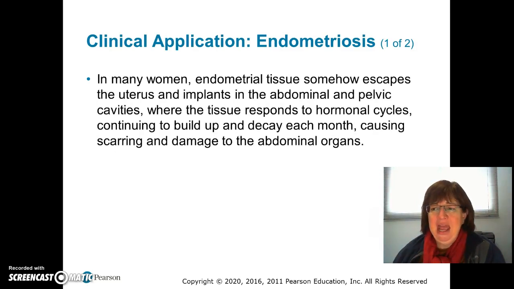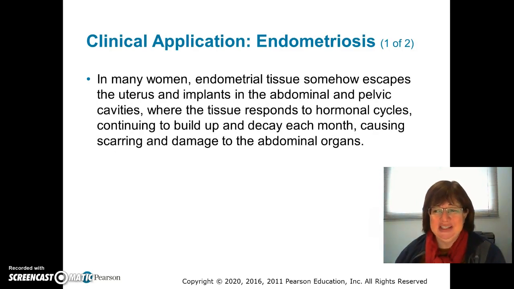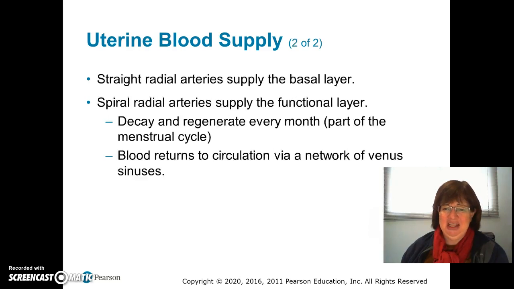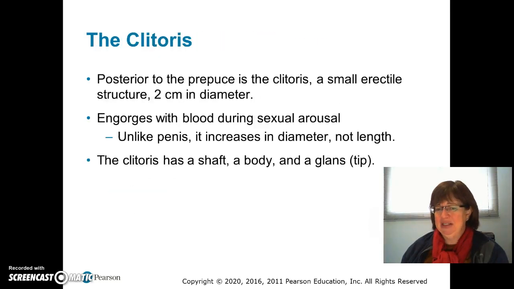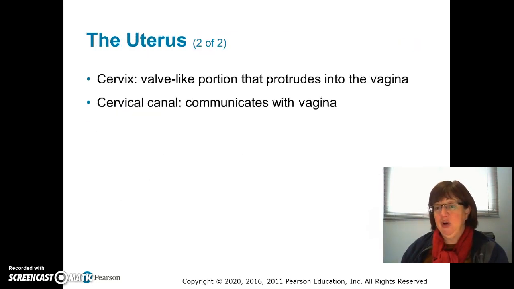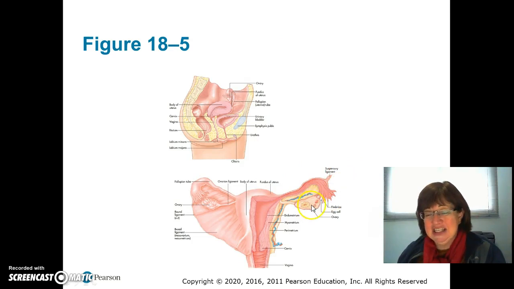Endometriosis is a situation where the endometrial lining escapes, responds to hormonal changes, and causes damage in other areas. If we go back, you can see there's actually an opening here. This isn't sealed off like when we talk about the male.